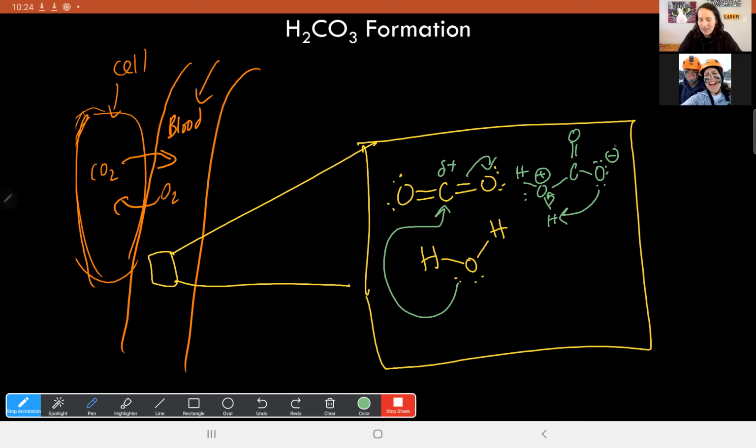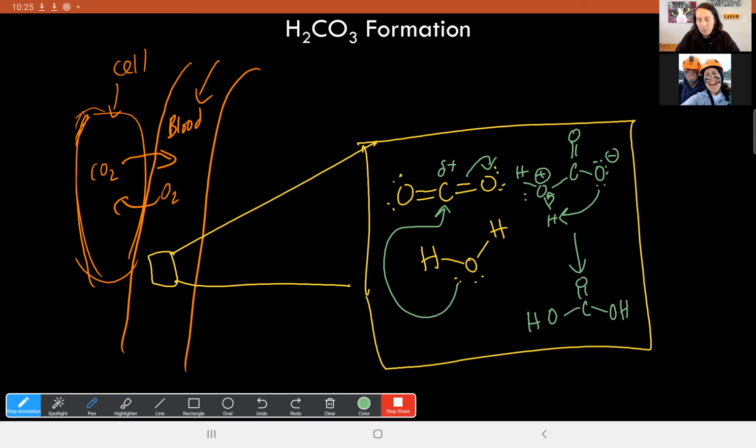This negative oxy anion over here is a base, and this OH2 plus on the carbon is an acid. So you just cannot have an acid and a base on the same molecule. They'll neutralize each other. So you net carbonic acid. And that's how the H2CO3 is formed inside the blood.